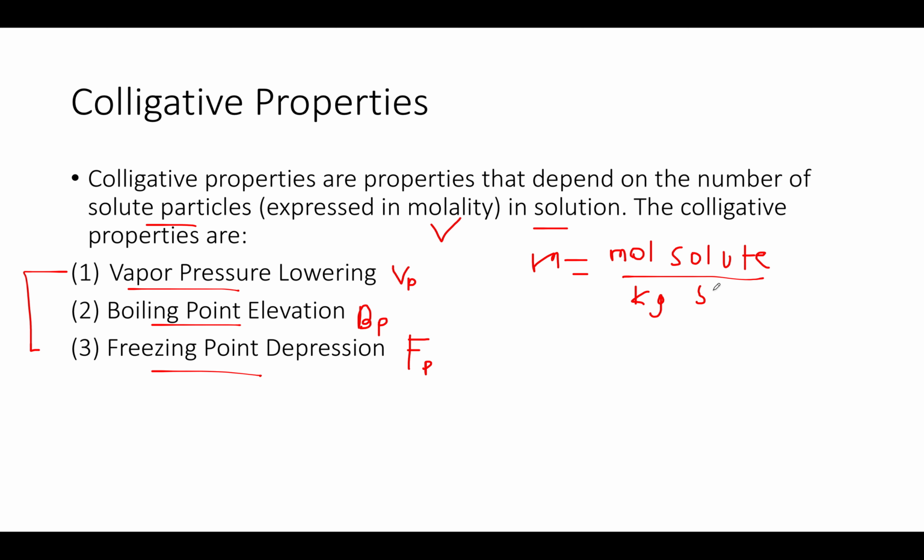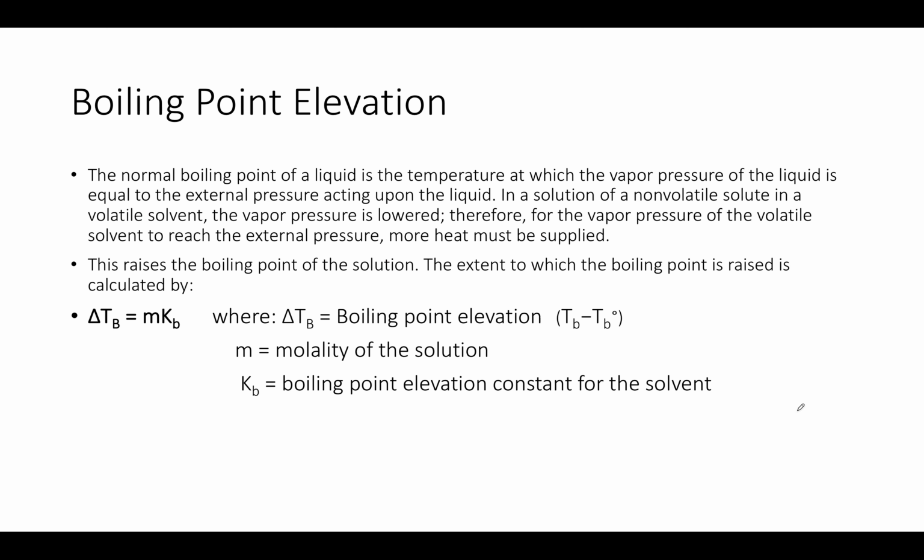So the reason why colligative properties depend on how many solute particles there are is that to find colligative properties, you need to have moles of solute, and depending on whether this number is big or small, you can calculate that. So that's why the colligative properties depend on the number of moles of solute.